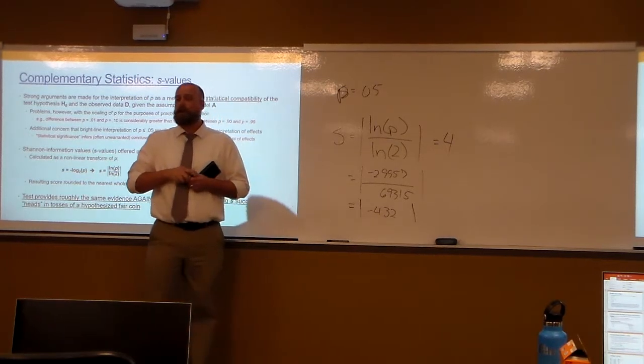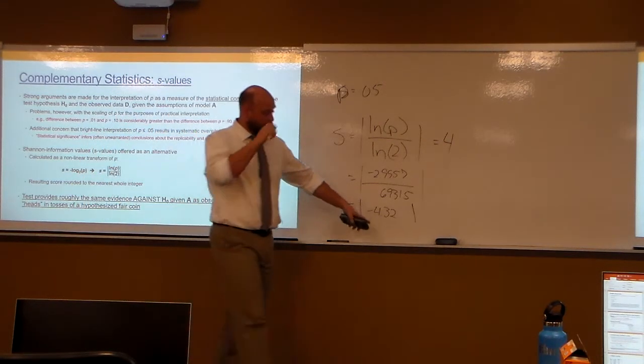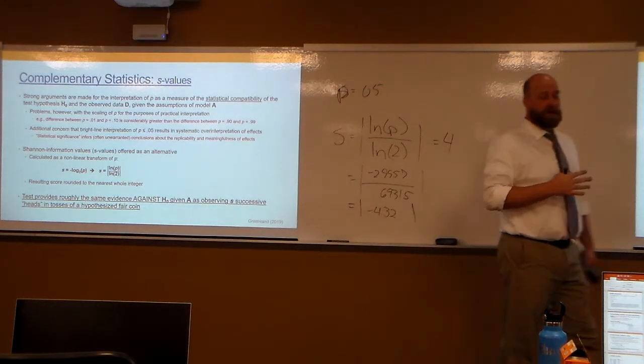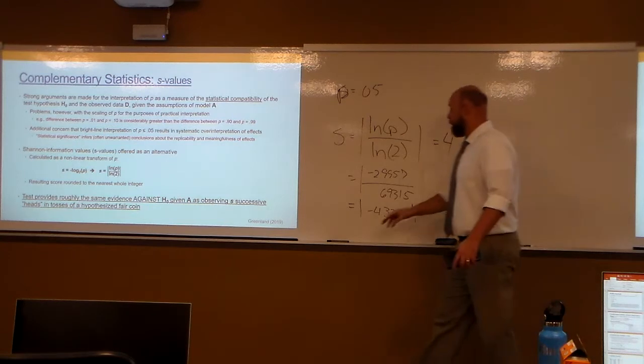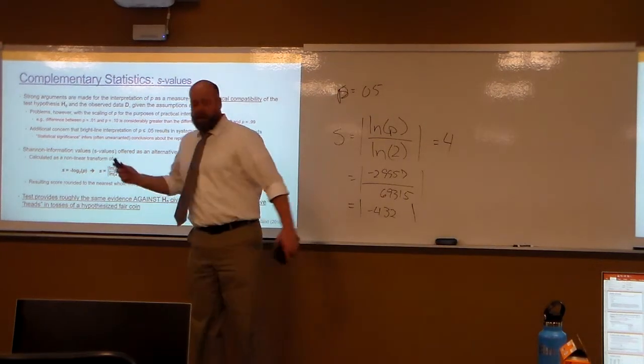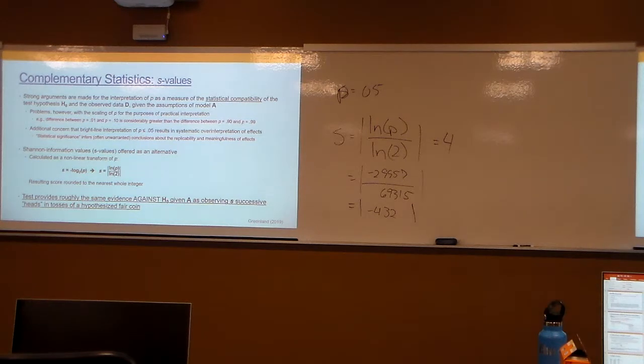Okay. So what we've done is just run through the transform of that p-value. And you may have to go through, depending on your calculator. This is why I want you to have a scientific calculator to be able to calculate logs and other fancy stuff like that. But essentially, our p-value of 0.05 gives us an S value of 4.